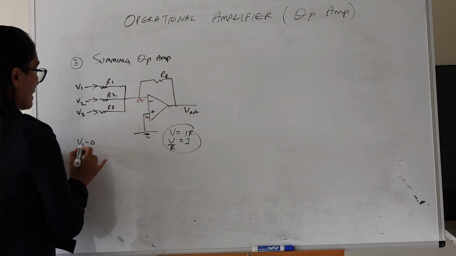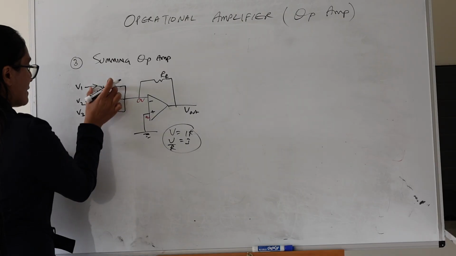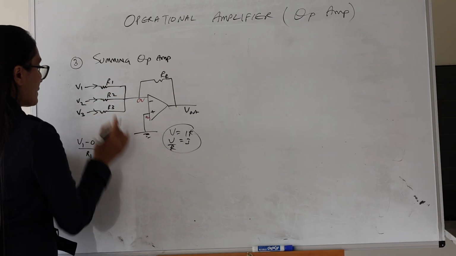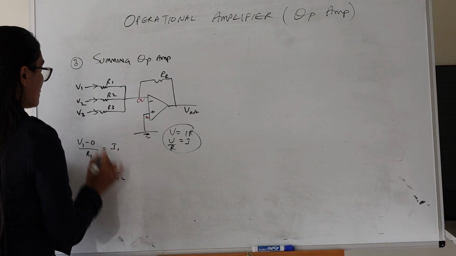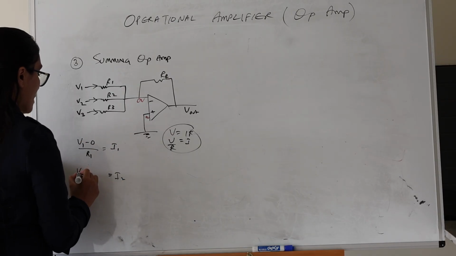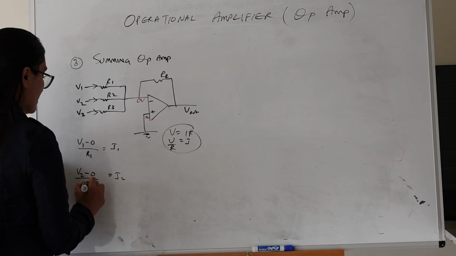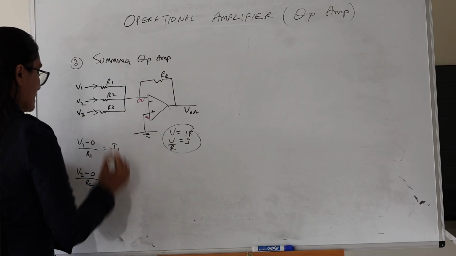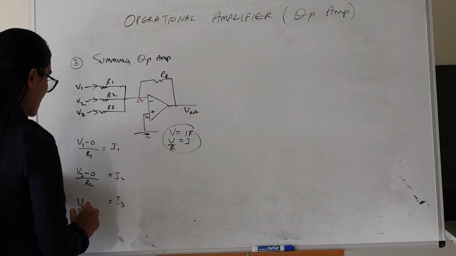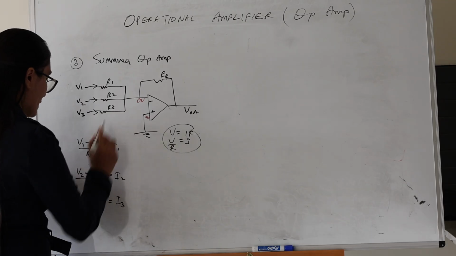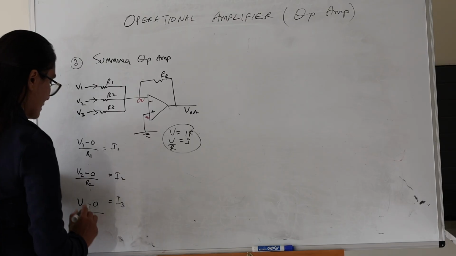And then if we divide that by the R at that, then that gives us the current flowing through R1. Similarly, the current flowing through R2 is voltage drop across R2 divided by R2, and similarly I3 is equal to voltage drop across R3 divided by R3.